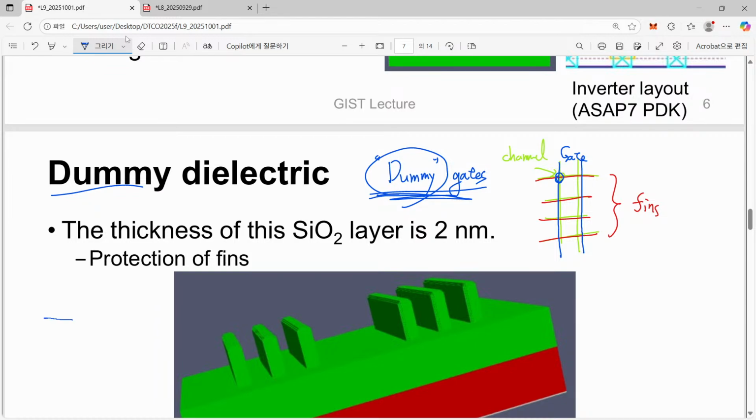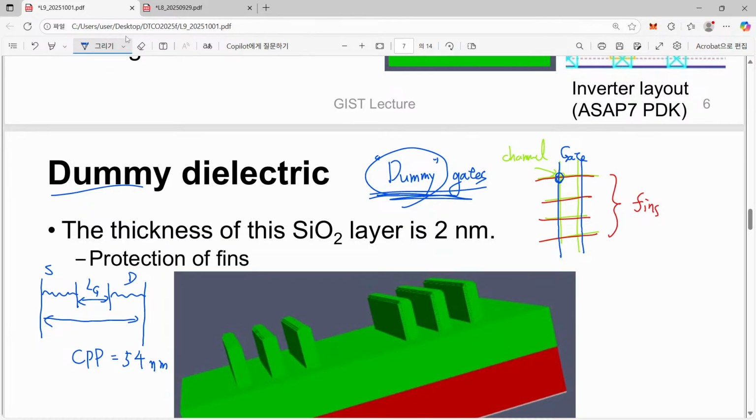Think about this one. Now we have a CPP. What is the assumed CPP of our process? Do you remember? This is 54 nanometer. And now this 54 nanometer should be divided into some parts. Of course, the majority should be given to our gate length. Gate length is required. And for the other parts, here and there, we have to accommodate our source and drain.